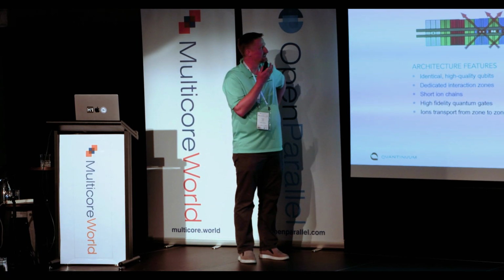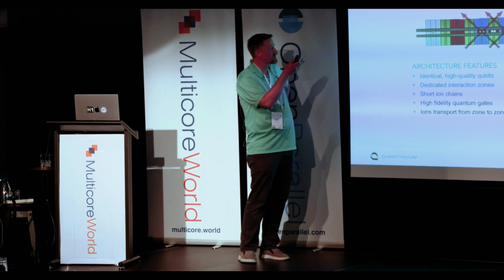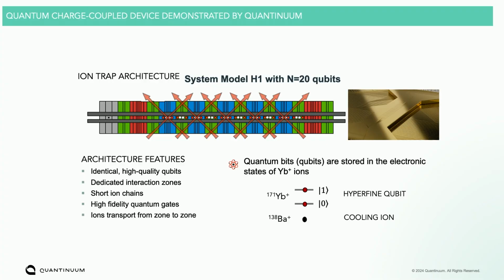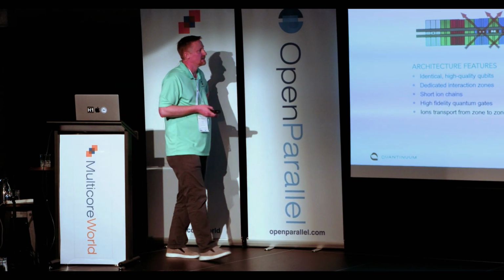It's based on this idea, and Chris mentioned it, this quantum charge-coupled device where you're physically moving the qubits around the ion trap and rearranging them. It's an architecture Chris was one of the first people to propose, along with, I think, his postdoc advisor at the time, Dave Wineland at NIST Boulder.